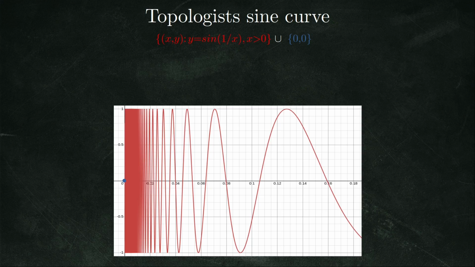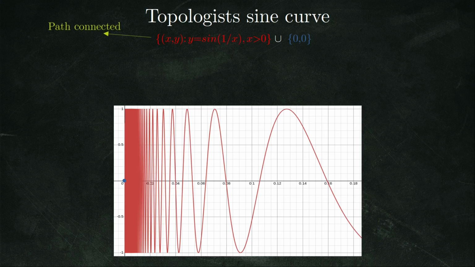Okay, our counterexample is called the topologist's sine curve. And this will show that we can have a set that is connected but not path connected. So in red, we have the sine curve bit, so that's y equals sine of 1 over x. And then the blue dot is just the point (0, 0).